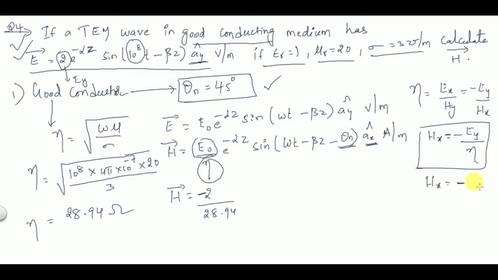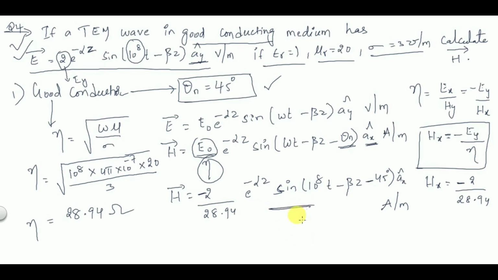So I substitute the Hx value here: minus 2 by 28.94 into e power minus alpha z into sine of omega, which is 10 to the power of 8 t, minus beta z minus theta n, which is 45, minus 45, ax cap ampere per meter. This is how we can represent H bar.